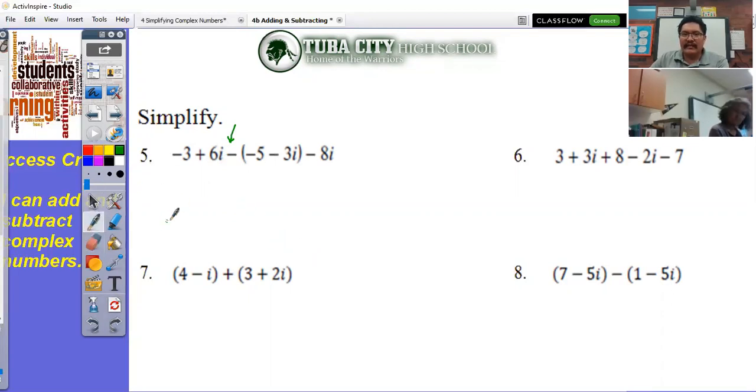Because I'll kind of show you what goes wrong, and let's see if you can spot what went wrong. So we evaluated the parenthesis. We got rid of it because that is the first thing you do when you simplify or you solve. You got to get rid of those parentheses because you can't work through them. You have to get rid of them.